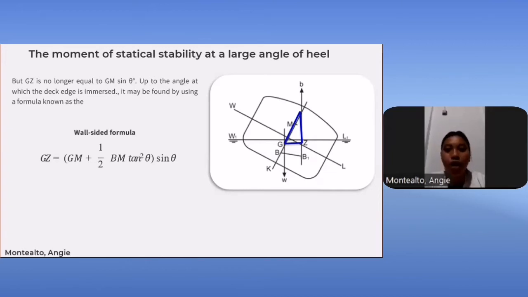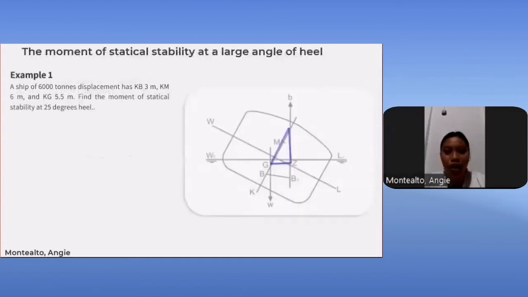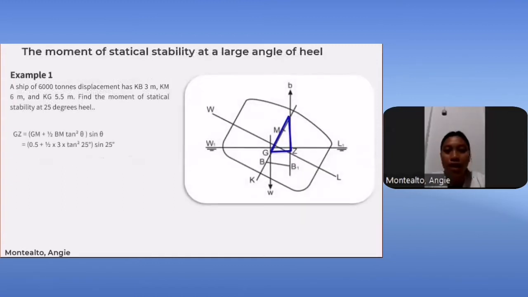So let's proceed to example number 1. A ship of 6,000 tons displacement has a KB of 3 meters, a KM of 6 meters, and a KG of 5.5 meters. Find the moment of statical stability at 25 degrees heel. We know already that we are going to use the wall-sided formula. To get the GM, let's subtract the KG, 5.5 meters, from the KM, 6 meters.